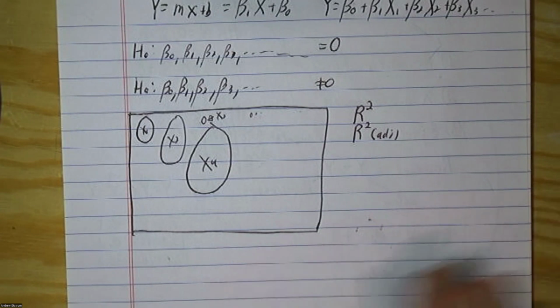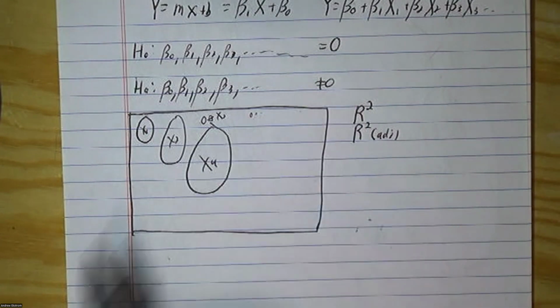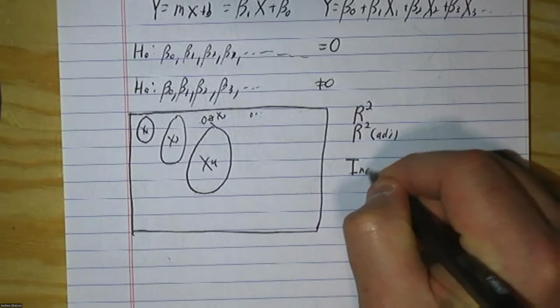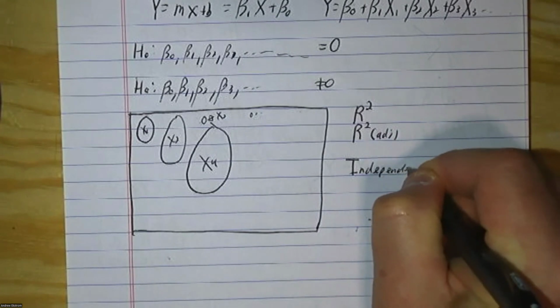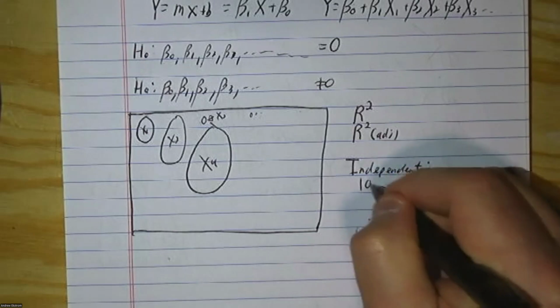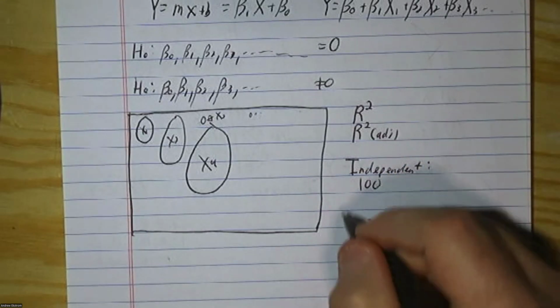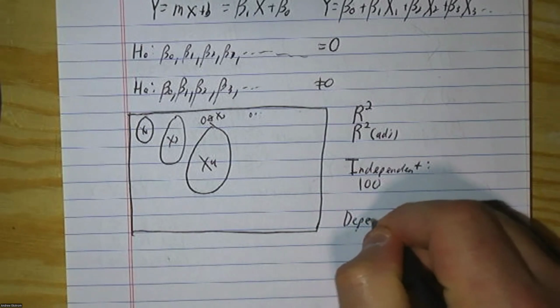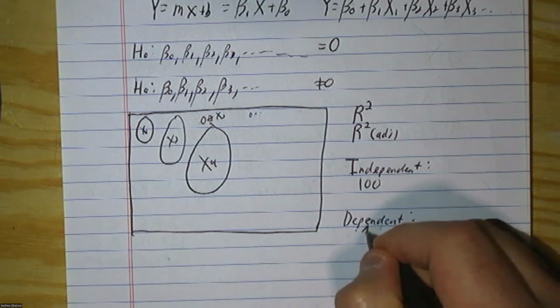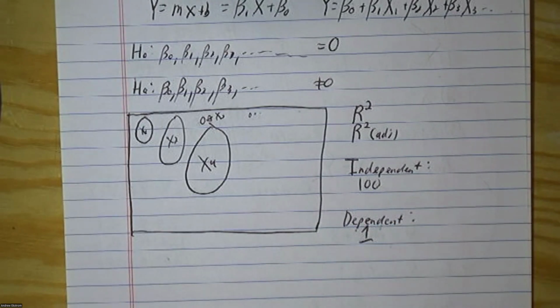A couple of things are going to happen when we're dealing with multiple linear regression. I'm going to show you some data where we have 100 independent variables and only one dependent variable.